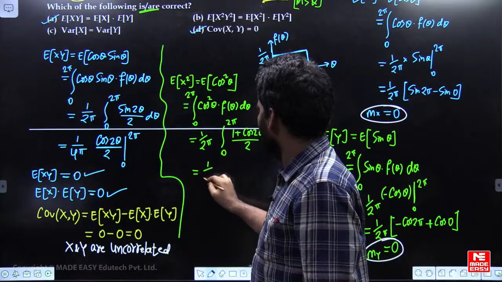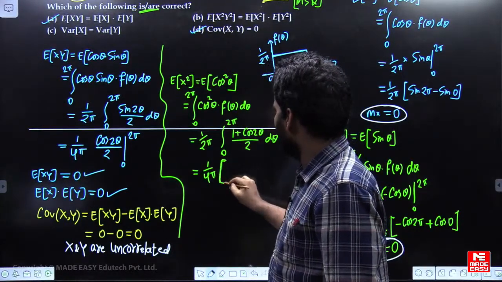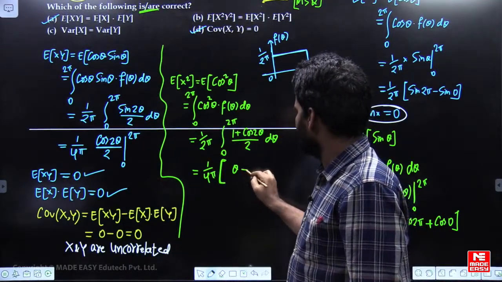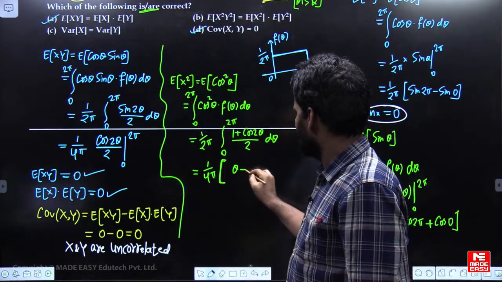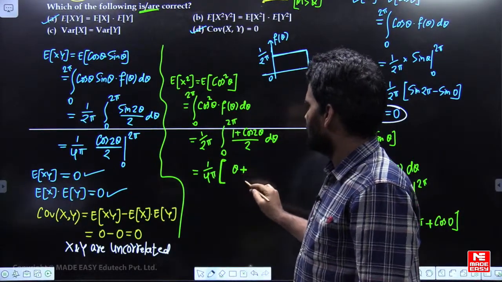So it is 1 upon 4 pi, you can write 2 outside. The integration of 1 is theta, plus the integration of cos 2 theta. The integration of cos will be sine.